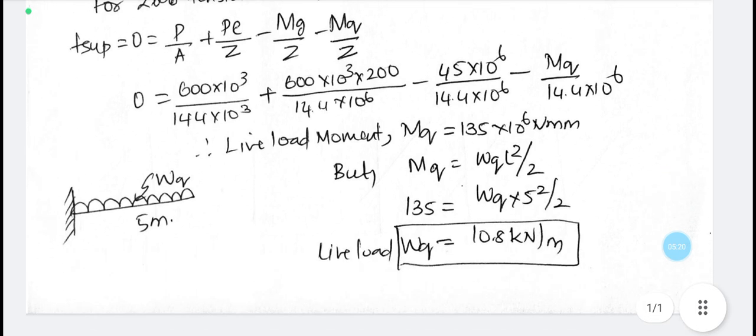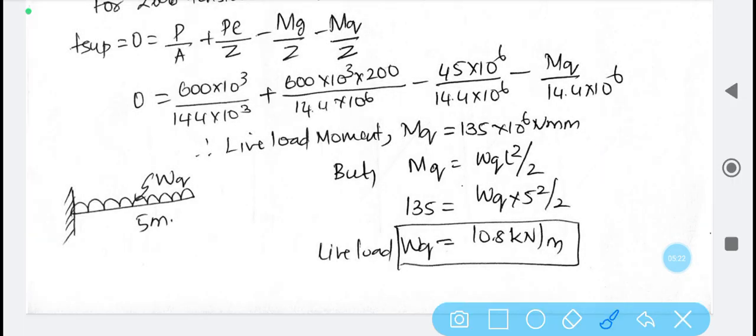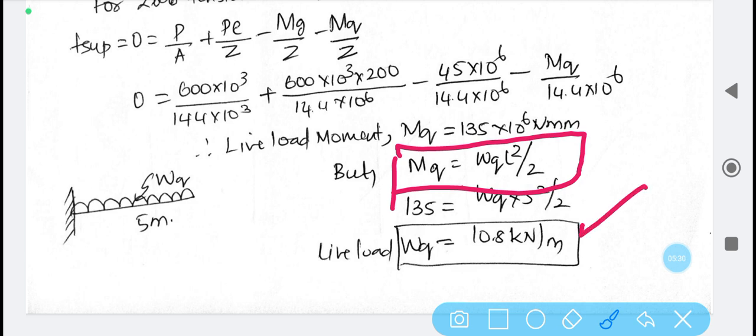And again we can apply the bending moment expression, WL square by 2, and rearranging and solving we get the live load value as 10.8. And with this obtained live load value, you can write down an expression for F inferior, and then we can directly find out what is the compressive stress developed.